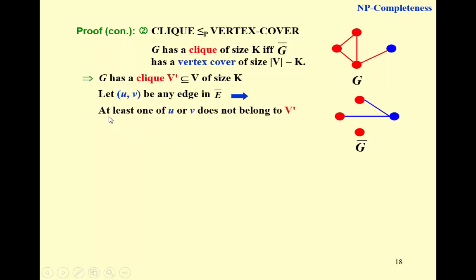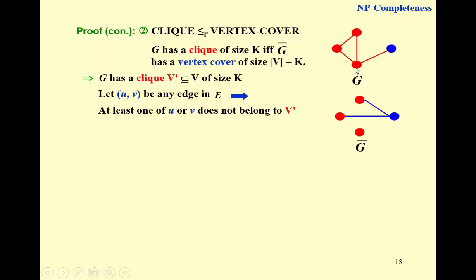Then we see that at least one of them does not belong to V prime, the red set. How come? We can prove by contradiction. If this is not true, then there's one blue edge such that both of them belong to the red set. Both of them are red.